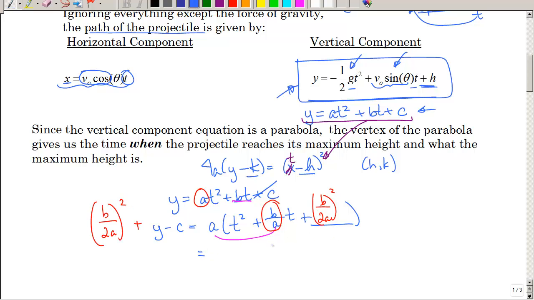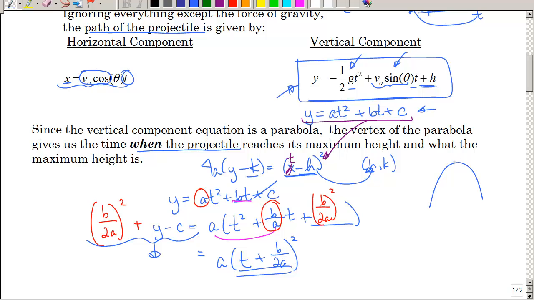Now the right-hand side is the part I'm kind of focused on. If I rewrite that in factored form, I get that. And yes, you could put that together, but hold on. This portion matches that part, which gives me the t component of the vertex, which means it tells me when the projectile would reach its maximum height.